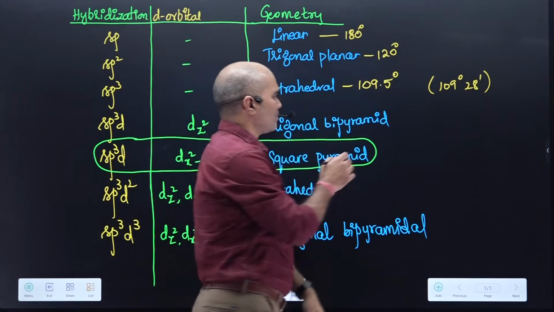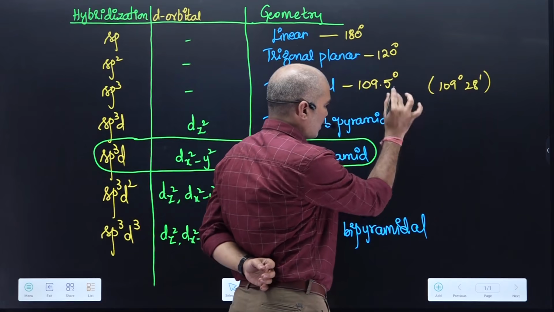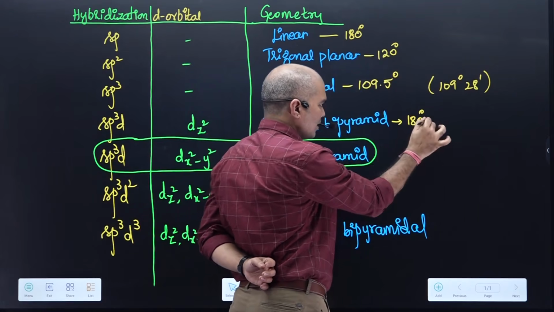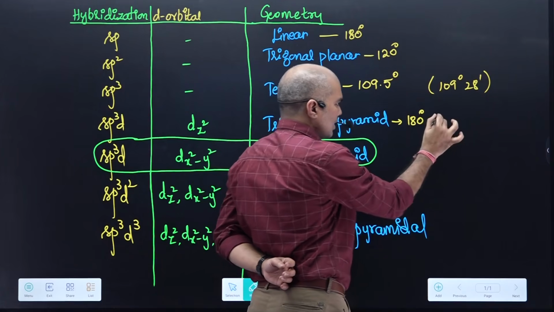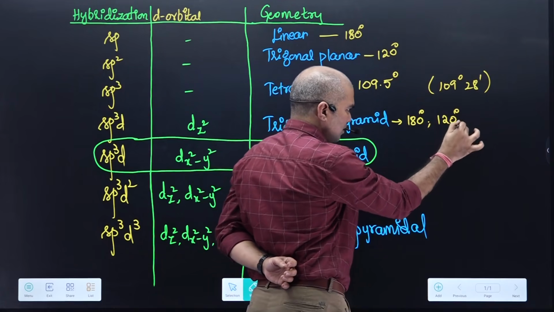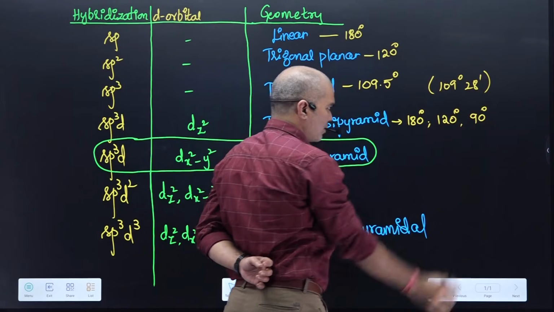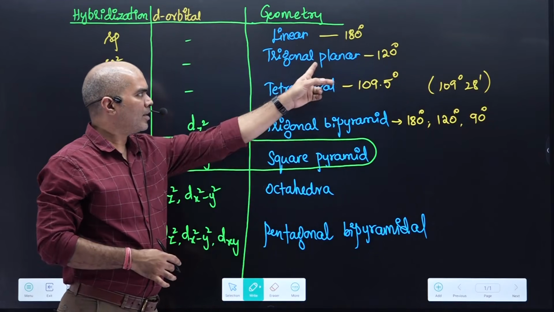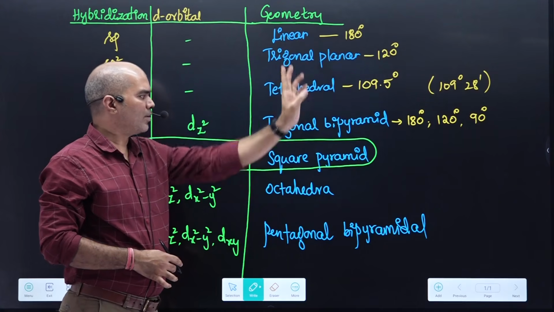Trigonal bipyramidal, it will have a maximum of 180 degree between the two linear ligands. It can have 120 degree. It can also have 90 degree. Three different bond angles are present in TBP. Tetrahedral only one. Trigonal planar only one. Linear only one.